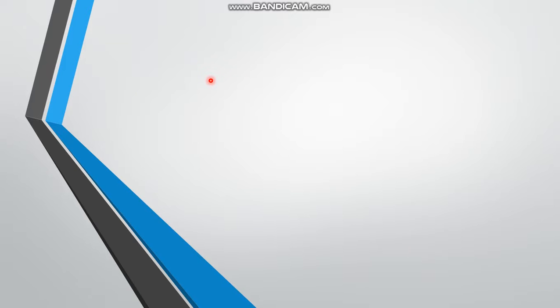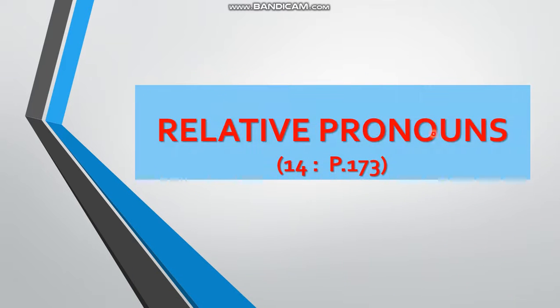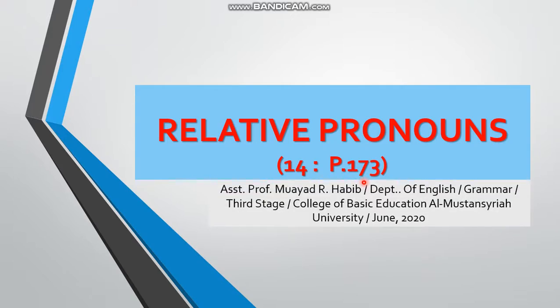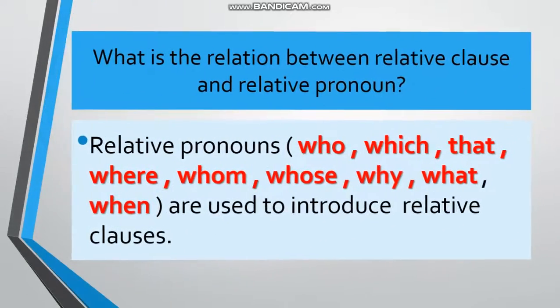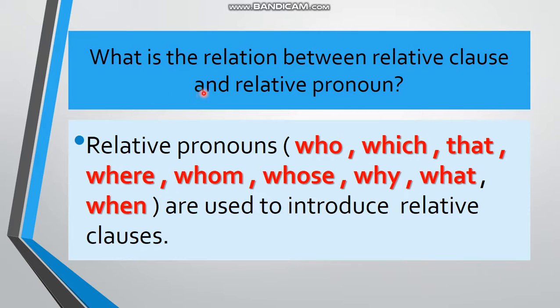My lecture is about relative pronouns, and this is, as we said previously, a part of Unit 14, that is on page 173. The relation between relative clause and relative pronoun.